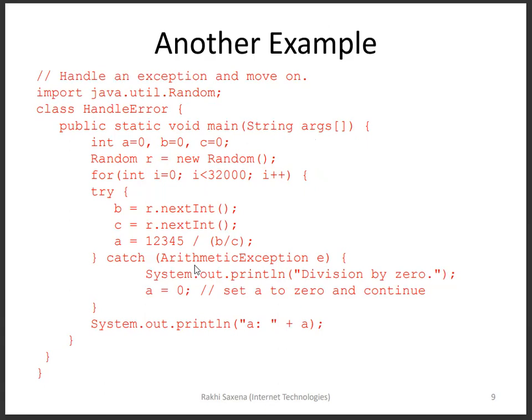If the exception happens, that object is thrown here and this message will be displayed. Then set a to 0 and continue. So the value of a is 0.